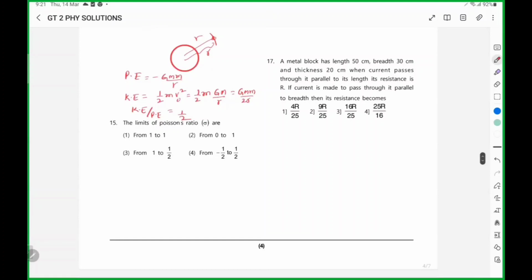Now the limits of Poisson ratio. Poisson ratio can be positive or negative, and it is defined as lateral strain by longitudinal strain.